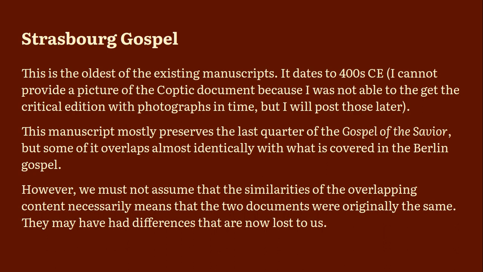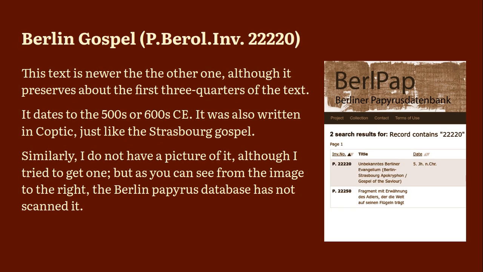But we don't know what might have been different between them because of the fragmentary nature of the evidence. We don't really have enough manuscripts to compare them with each other and establish whatever the common source might have looked like.